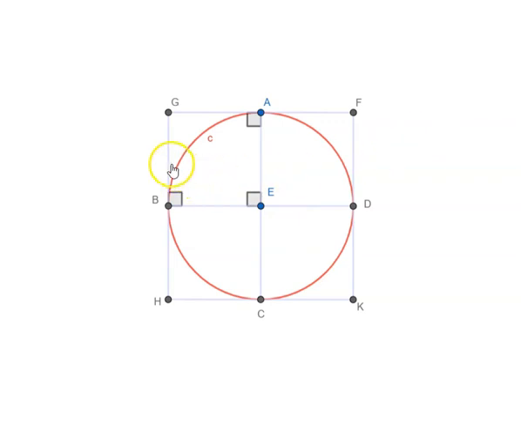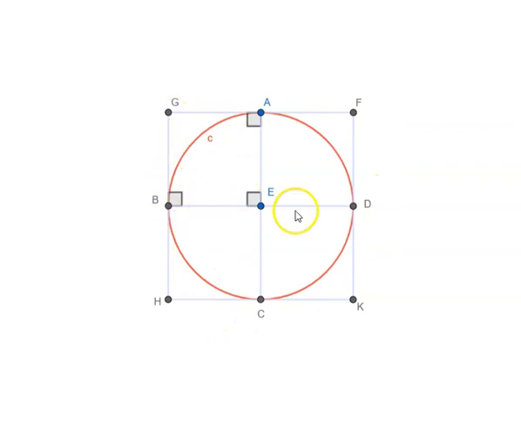Since these are parallelograms, whether we look at it horizontally or vertically, all the sides are equal. So that means GH is equal to AC equal to FK. GF is equal to BD is equal to HK. So all the sides are equal to each other.